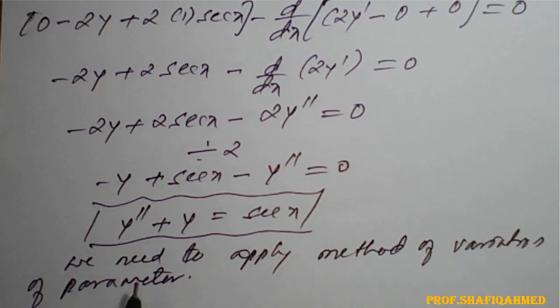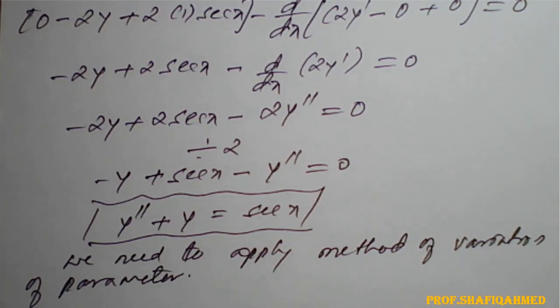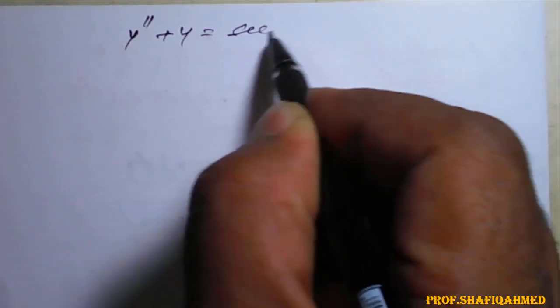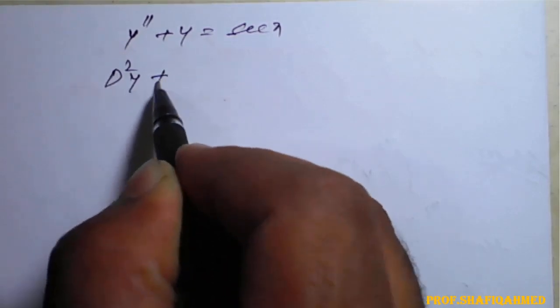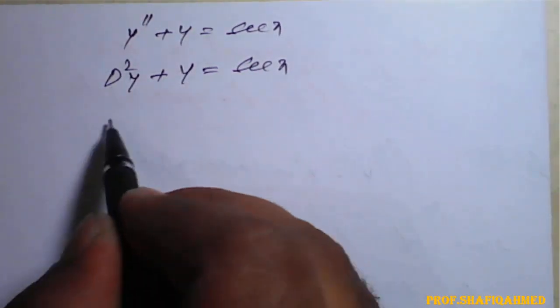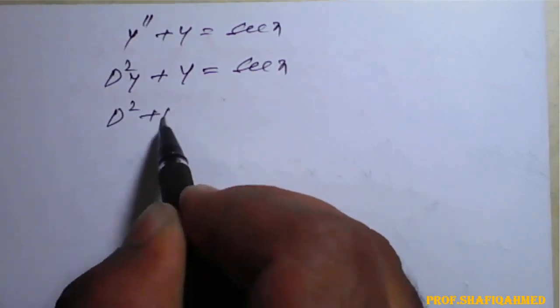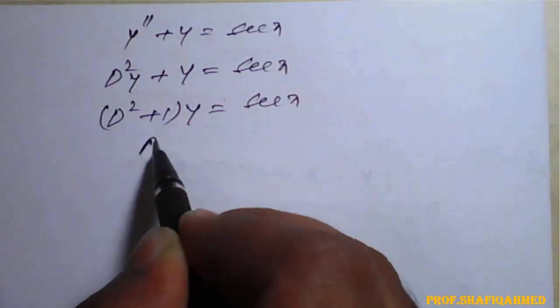So what this method says we'll see, and we'll simplify this ordinary differential equation now. The above differential equation, y double dash plus y equal to secant x, can be written as D square y plus y equal to secant of x. So take y common: D square plus 1 of y equal to secant of x.